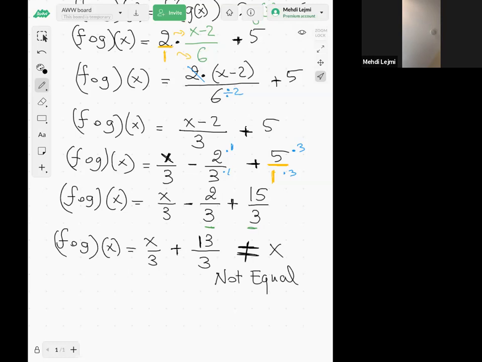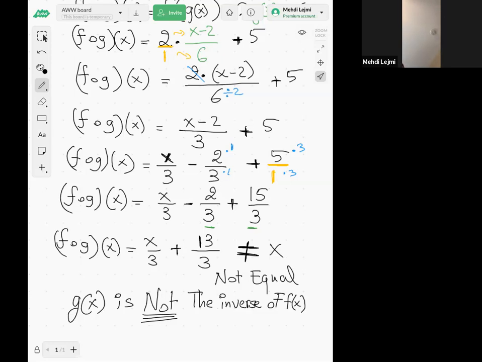The conclusion is that g of x is not the inverse of f of x, because I didn't get x. If I got x, then I would move to step number 2 and check that g composed with f is equal to x. But here this is not x, so I can stop and say that g is not the inverse of f.